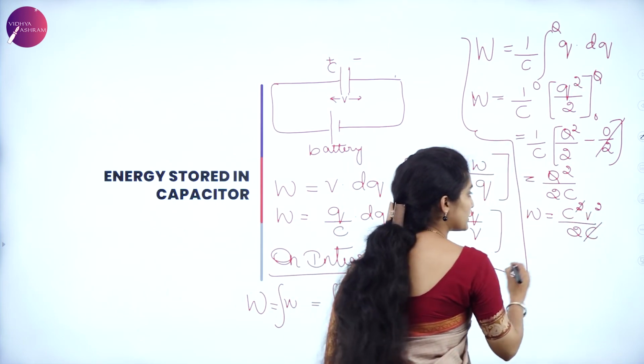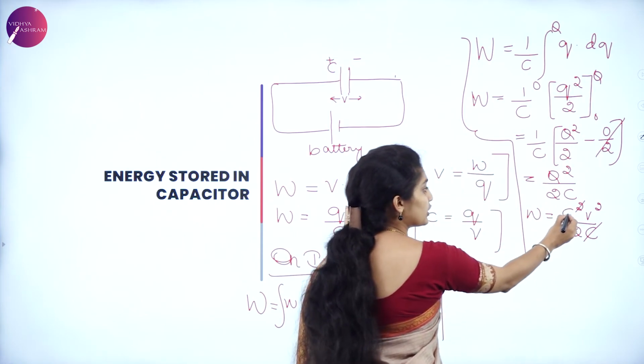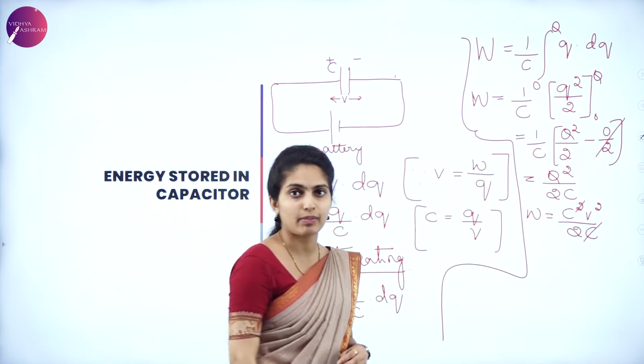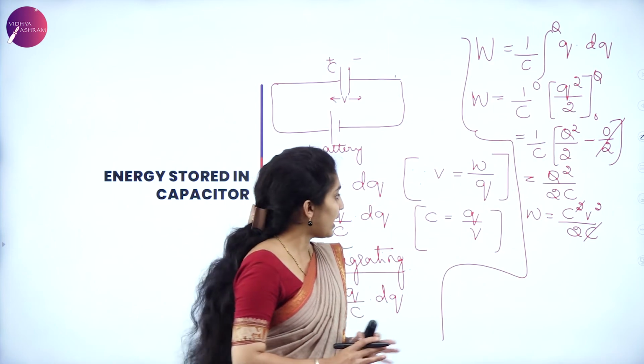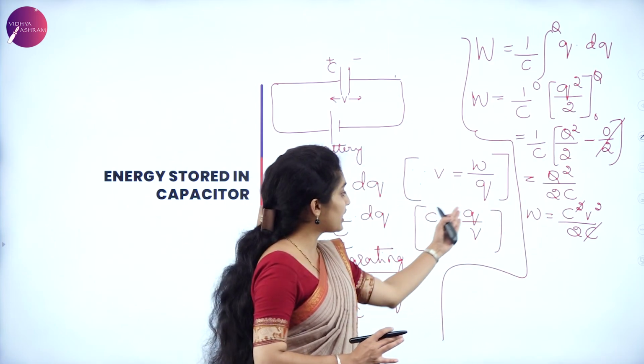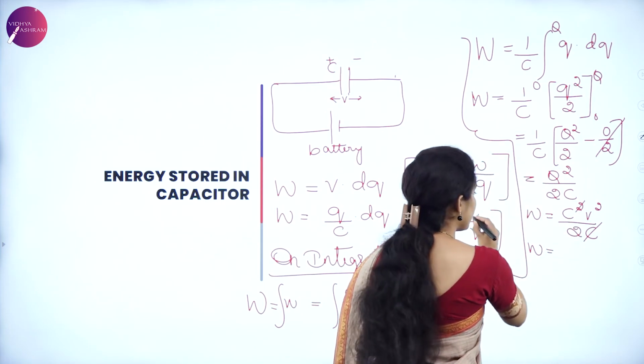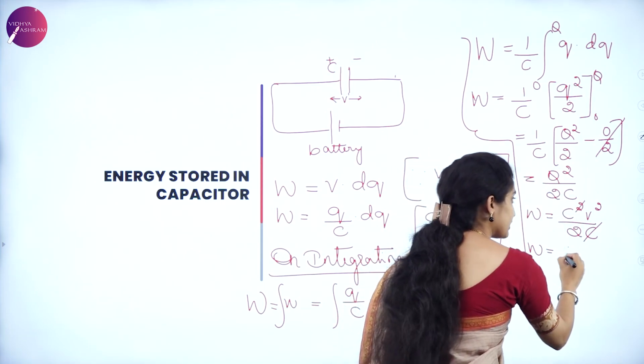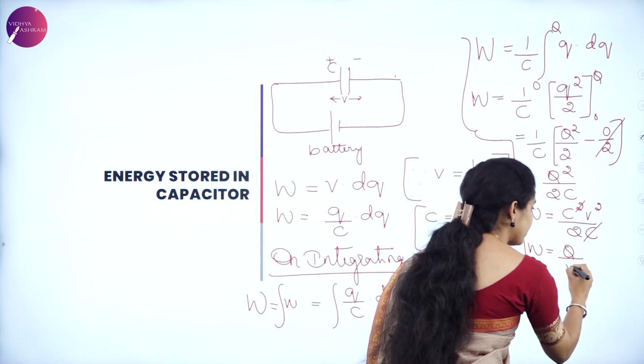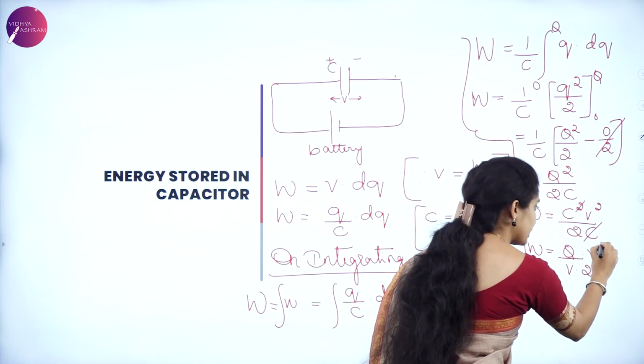C gets cancelled with the square, so W is equal to C into V square divided by 2. And we know that C can also be given as Q divided by V. So W is equal to Q divided by V into 2 into V square.